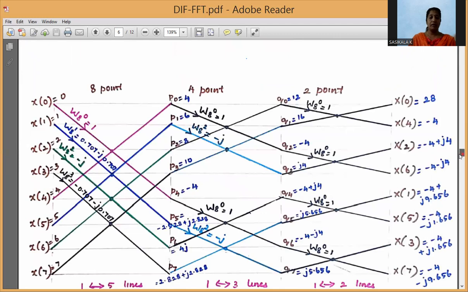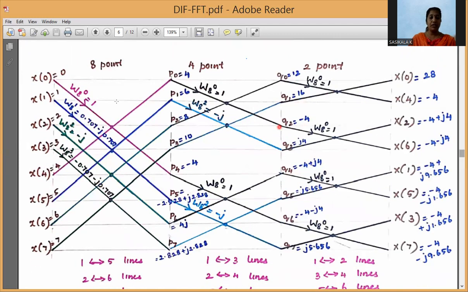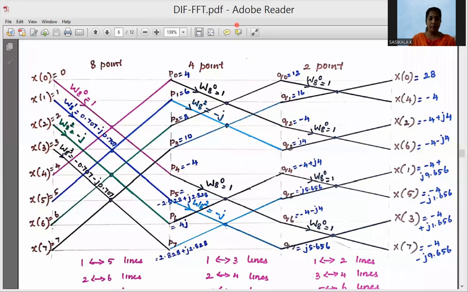So here, in the butterfly diagram, first you need to draw the 8 horizontal lines. Since it is an 8 point, you need to draw 8 horizontal lines. So this is the first line, second line, third line, fourth line, fifth line, sixth line, seventh line and eighth line.